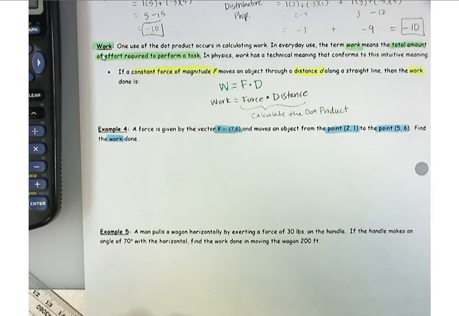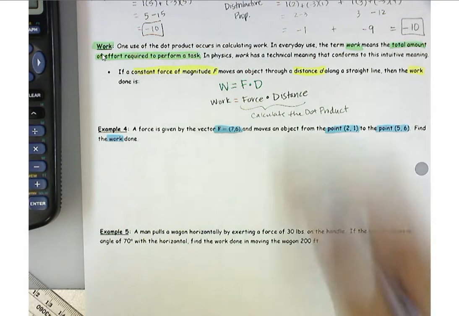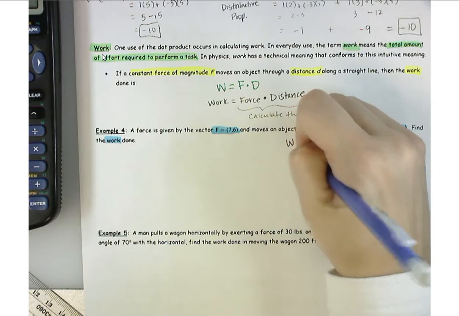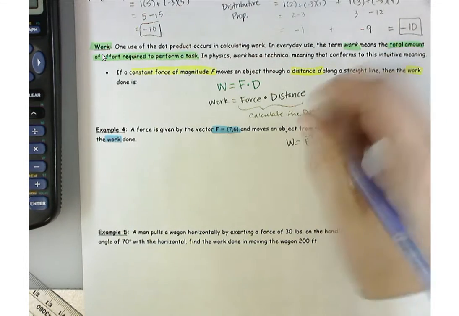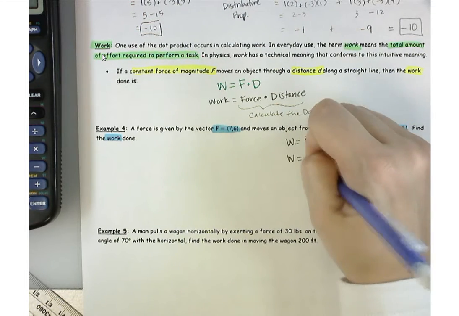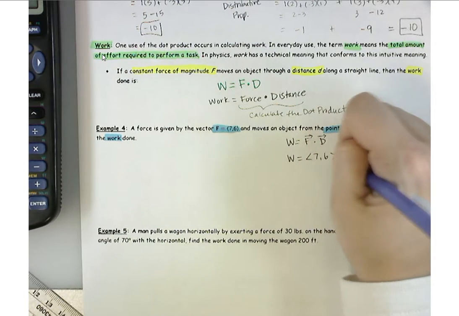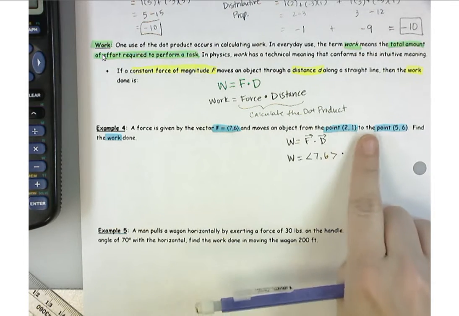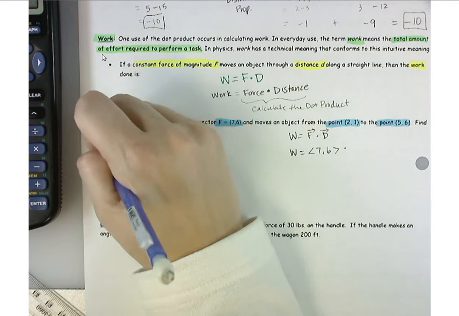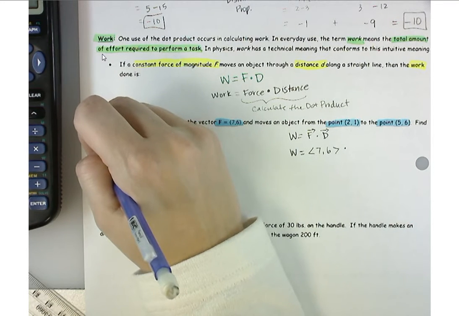Okay, so in order to find the work, we need the force vector and we need the distance vector. We already have the force vector is 7, 6. What we have to do is find the distance. Well, if you're given 2 points, how can you find the distance?